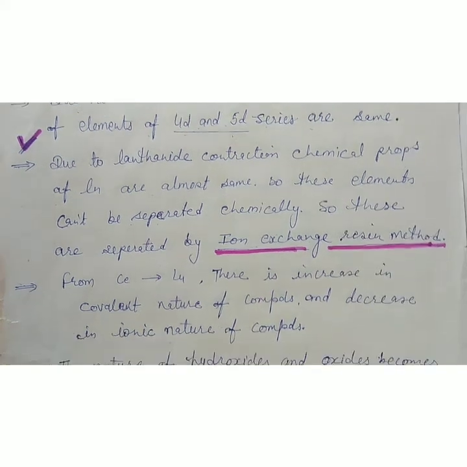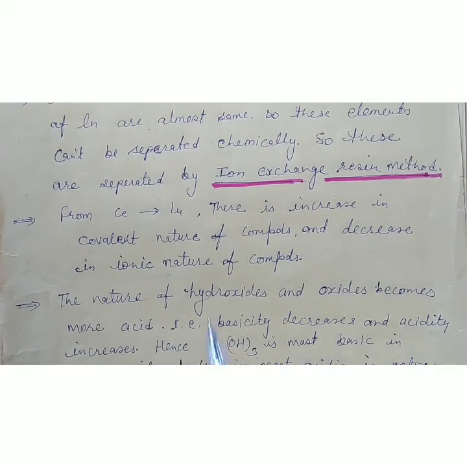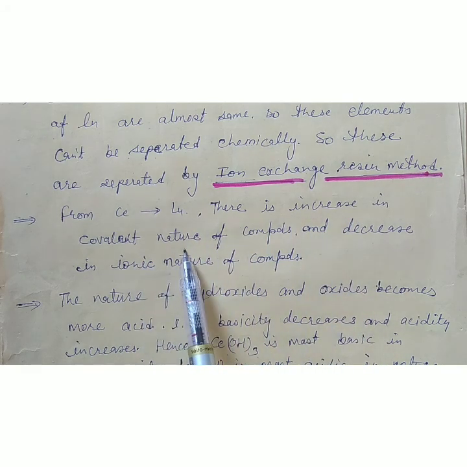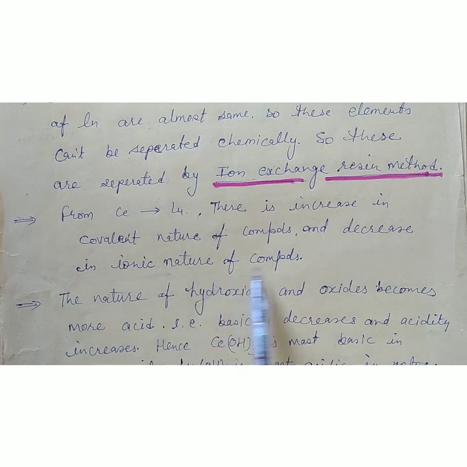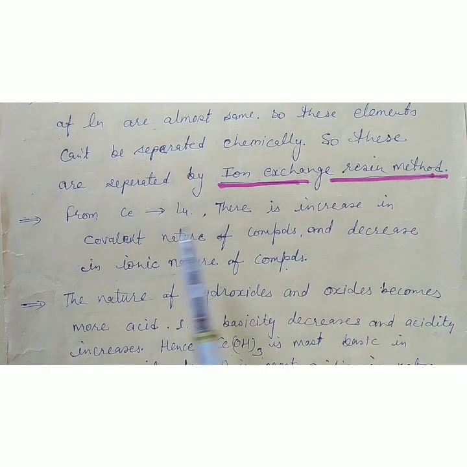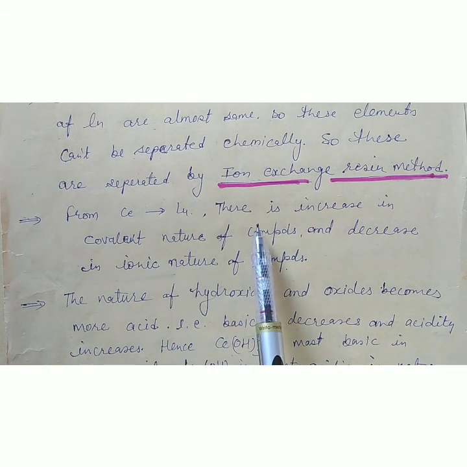Okay, now from cerium to lutetium, there is an increase in covalent nature of compounds and a decrease in ionic nature of compounds. As we know, as radii decrease, covalent nature increases.